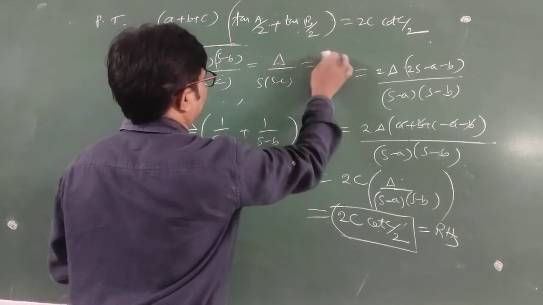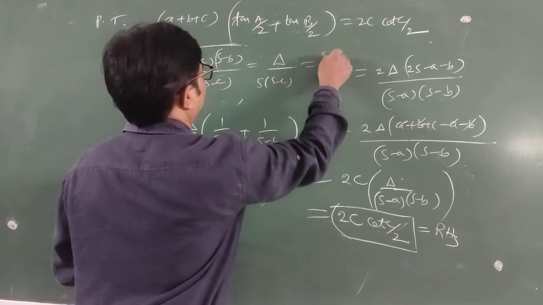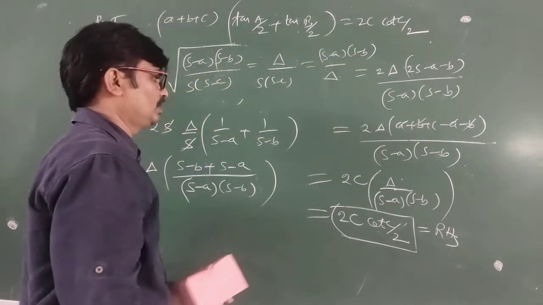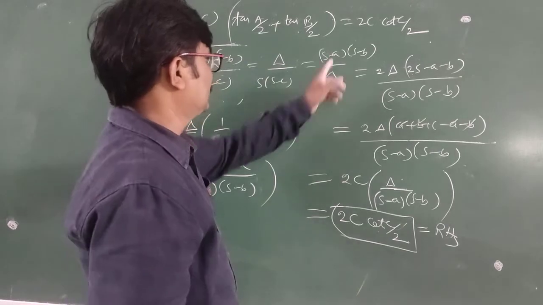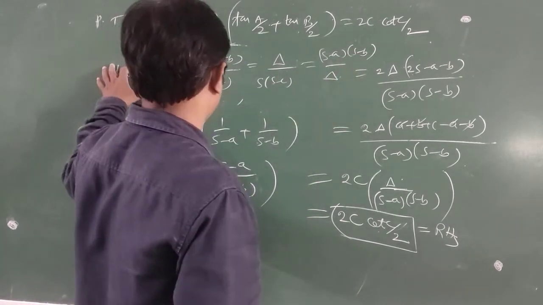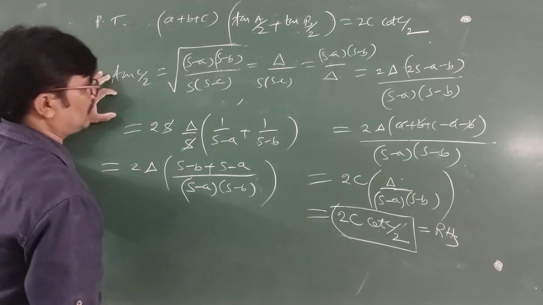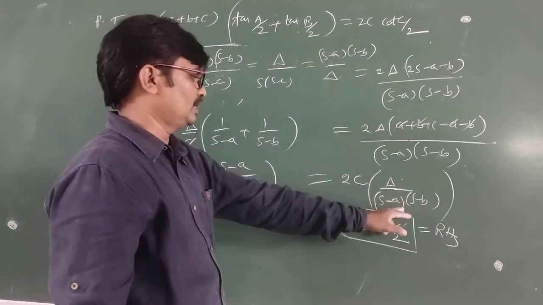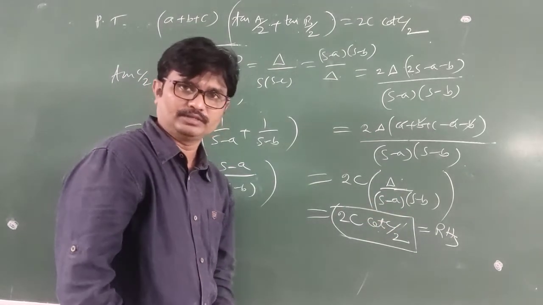We take the delta in the denominator, then it is s minus a, s minus b. Dear students, what we observed here, s minus a into s minus b by delta is tan C by 2. The reciprocal of tan is cot. Cot C by 2 is delta by s minus a into s minus b. Is it clear?